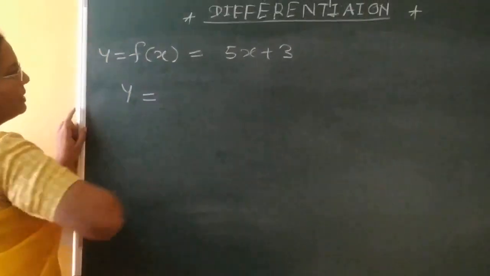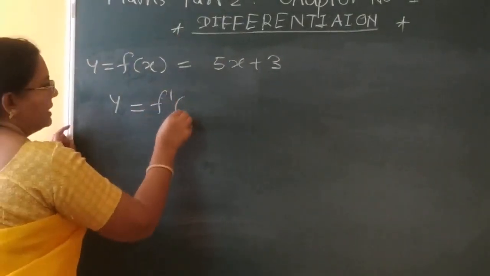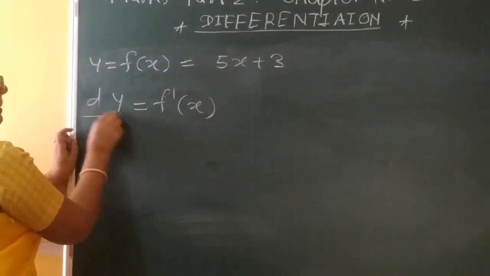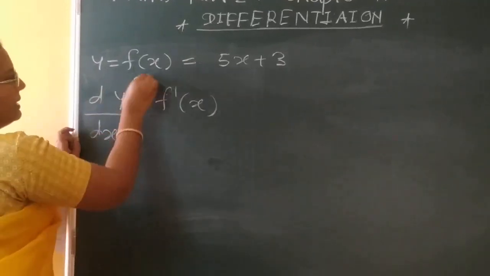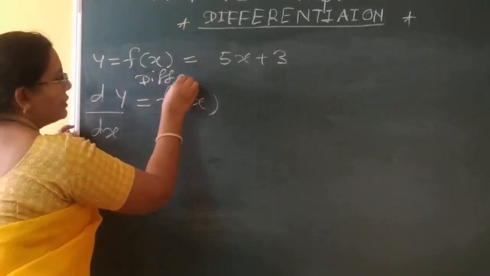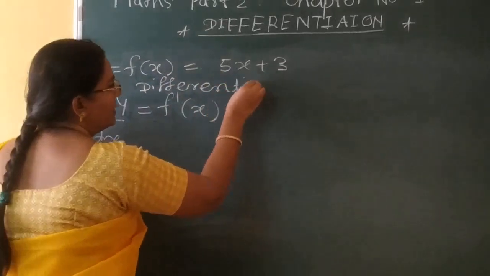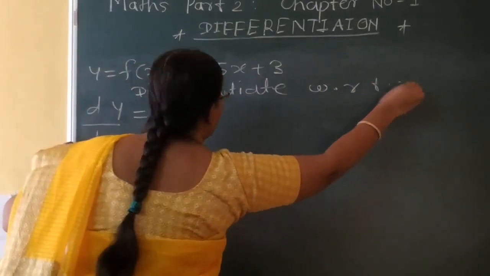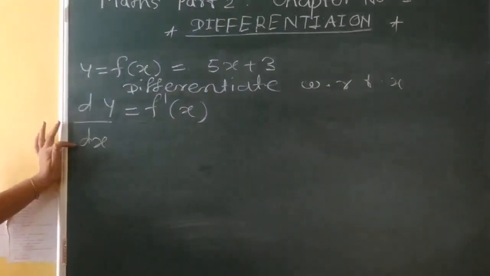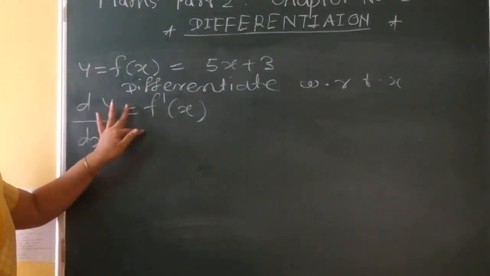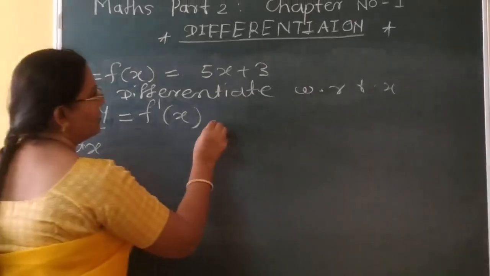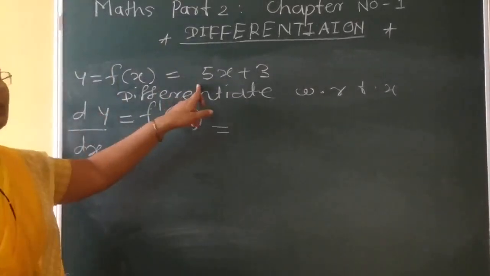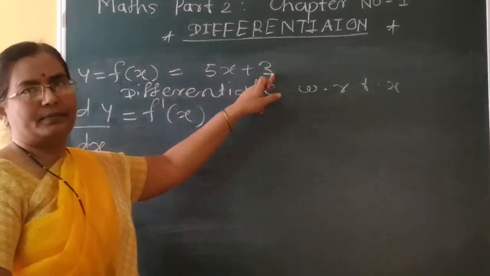Suppose y is equal to f of x, then we take its derivative as dy by dx, and write it as differentiate y with respect to x. dy by dx is equal to f dash of x, and the function is 5x plus 3.